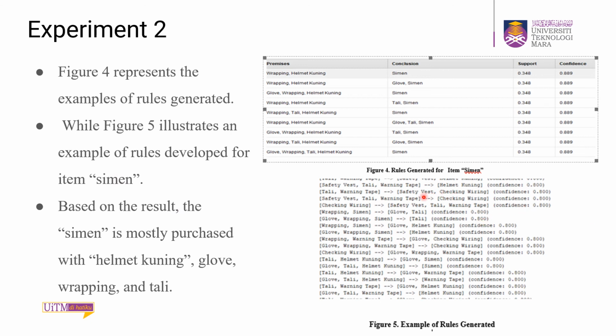We can see the rules generated for cement, which show the items that have been purchased together with cement. Based on the result, we can say that cement is mostly purchased with helmet kuning, glove, wrapping, and tali.